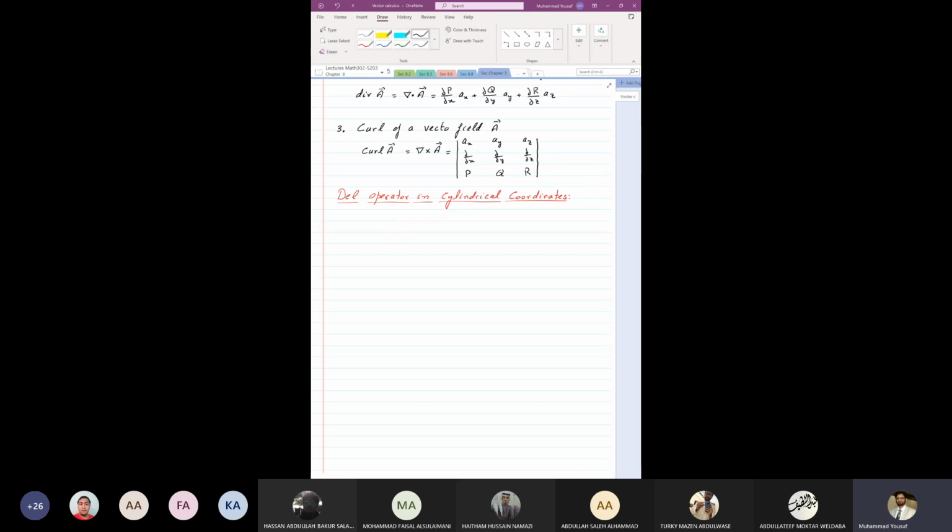We have something in Cartesian and we are converting it into cylindrical, and in cylindrical, you know that rho is equal to the square root of x squared plus y squared. And you also know that tan of phi is equal to y over x. So if we have x and y, we can get rho and phi, and z is the same z.